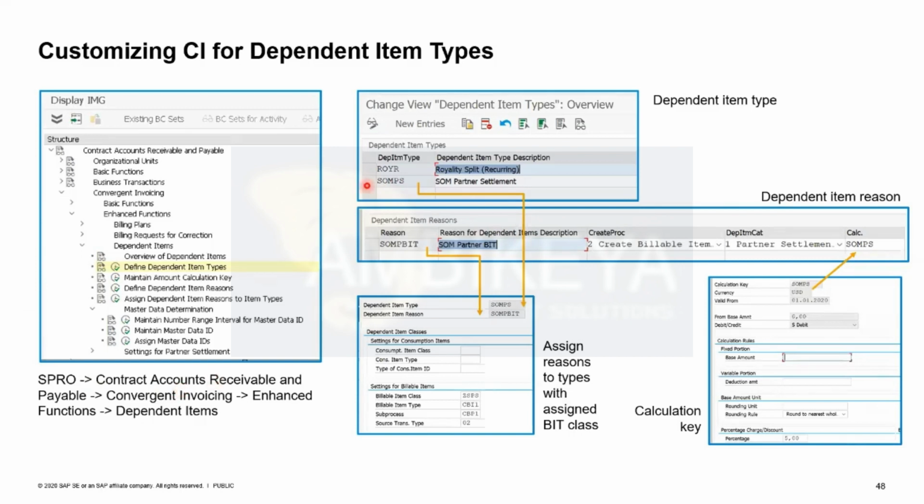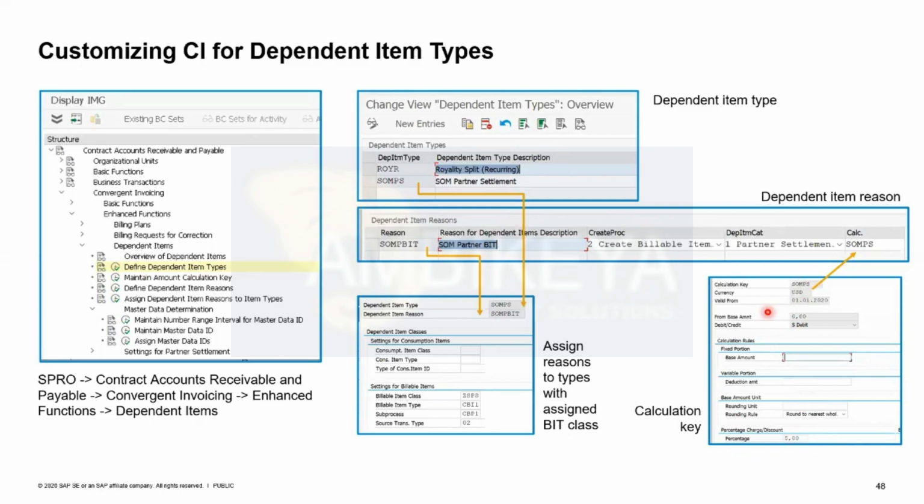So a dependent item type can have a reason. In a CC scenario, how pricing needs to be calculated, like how much of a revenue share should be given to a partner, used to be part of a pricing routine, part of a partner charge plan. Right here, instead of that, we have a calculation assignment where it says, for example, 5% has to go to a partner based on the customer data.